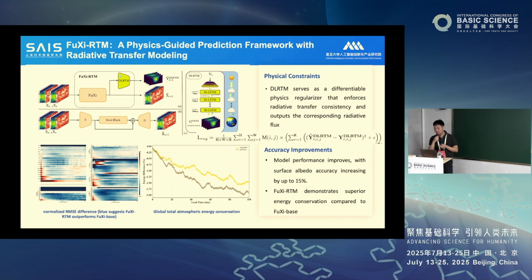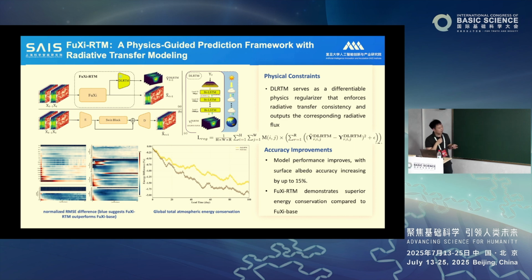So in this loss equation, not only do we have the supervision for the atmosphere parameters, we also supervise how well the model performs for those radiation fluxes that are output by the DL RTM. By incorporating this physical constraint, the model performance gets much improved.